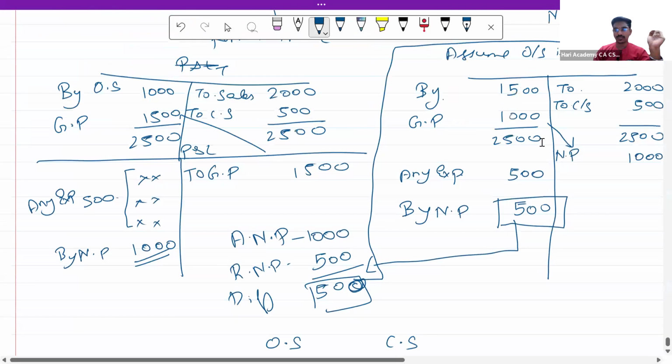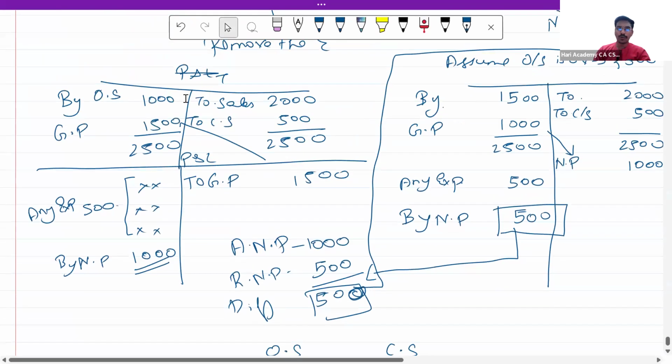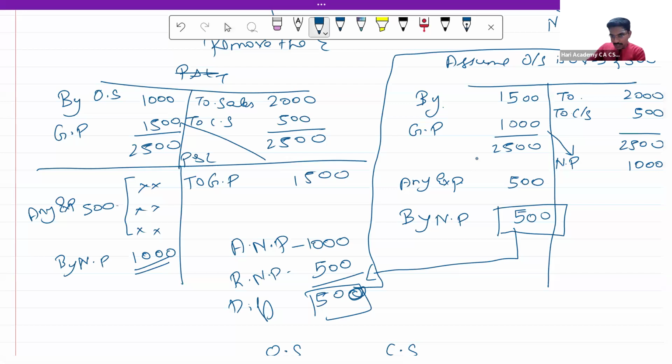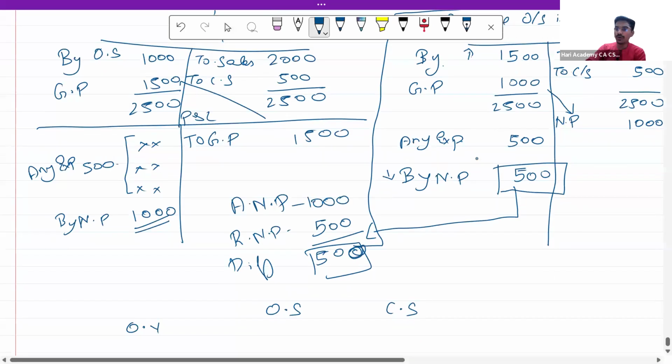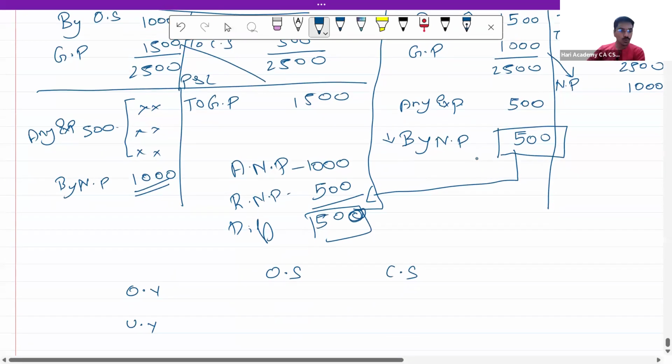In this case, opening stock is overvalued to the extent of 500 rupees. So if opening stock is higher, my net profit is going to be lower to that extent. Hence, overvaluation of opening stock is to be added.